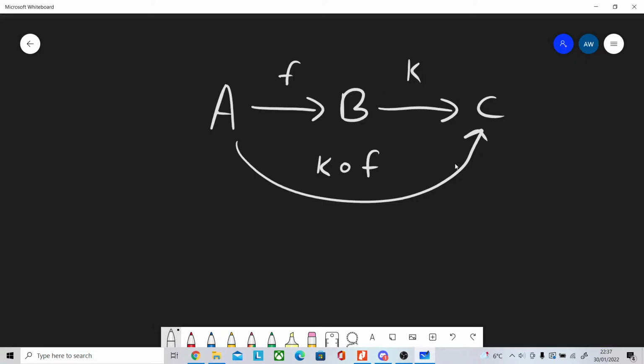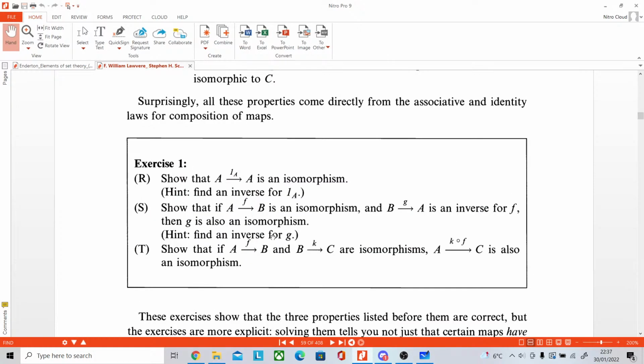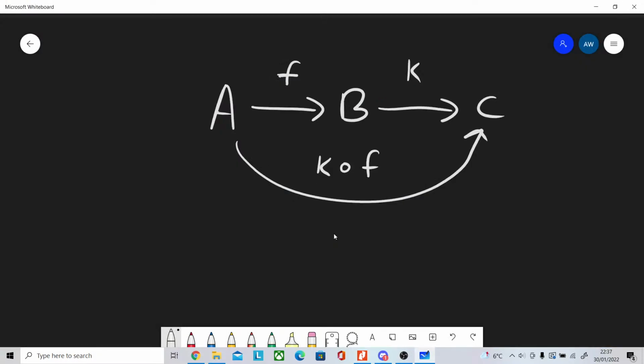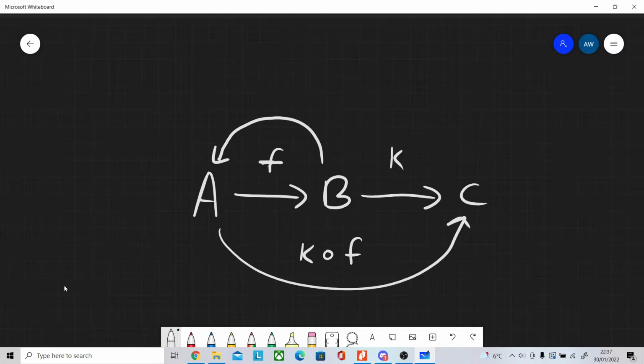This is going to be a bit tough. Right, so we know that F is an isomorphism. And by definition, that means that there exists a function that goes from B to A that satisfies certain properties. Of course, we know that this is the inverse function.